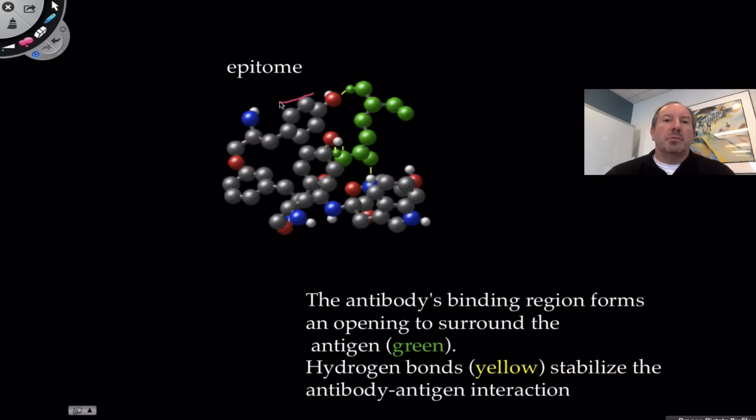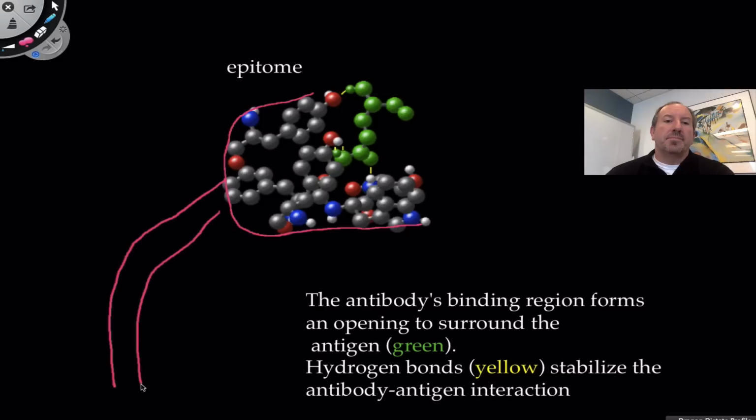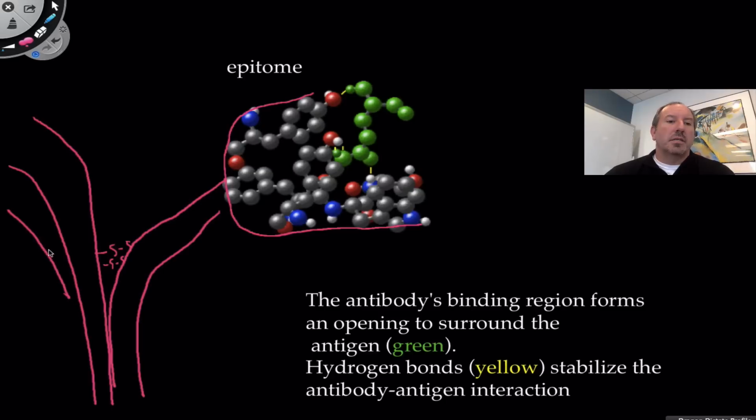This is the variable region on an antibody, and if you recall the structure of an antibody, if you don't, I'll refresh you. There's something called the heavy chain, and there's two heavy chains coming down like this, and they're held together by disulfide bridges like this. And then there's a light chain and a light chain like this. This particular region is the variable region, and then showing a close-up right here.